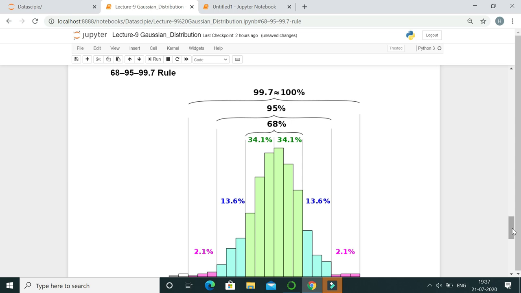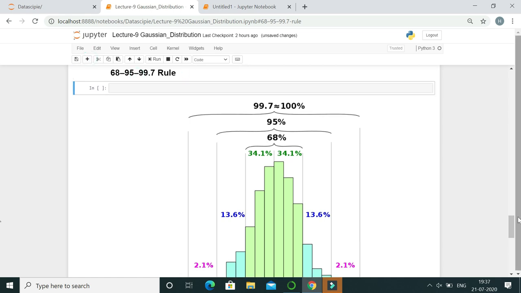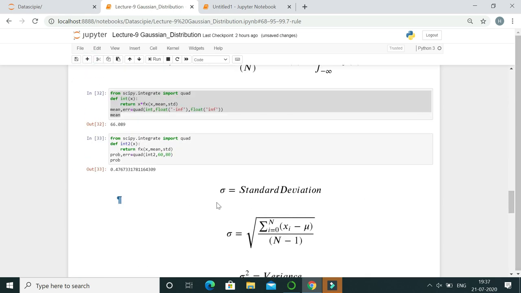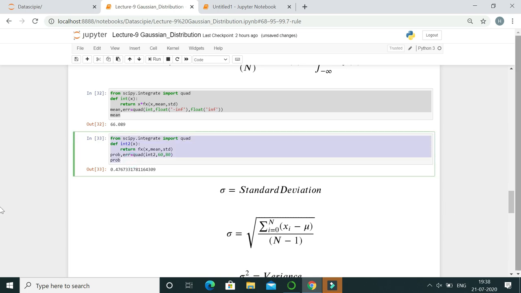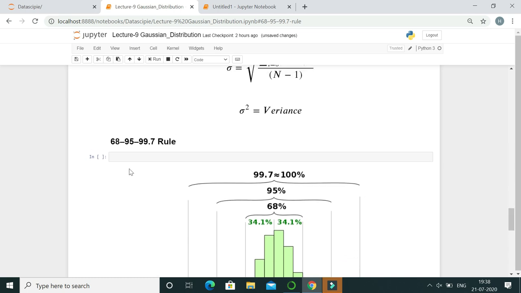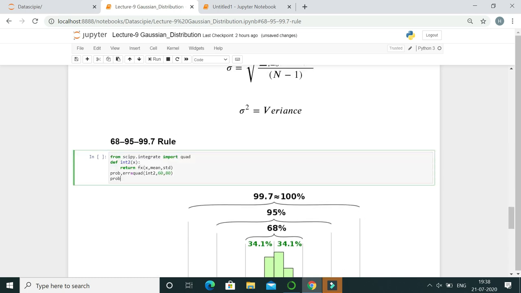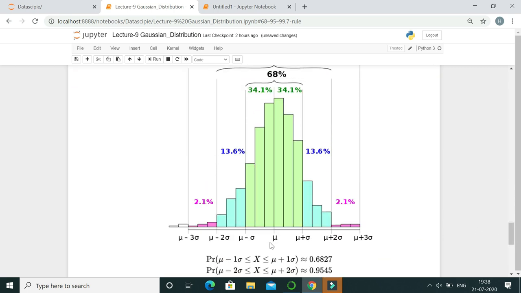Okay. Next we would validate our 68, 95, 99.7 rule. For that, add a new line. Copy our previous integral and paste it. So first case is what? We have to define it from mu minus sigma to mu plus sigma.